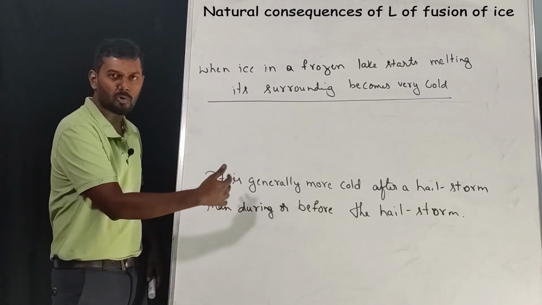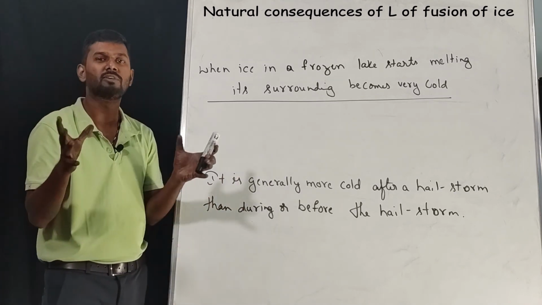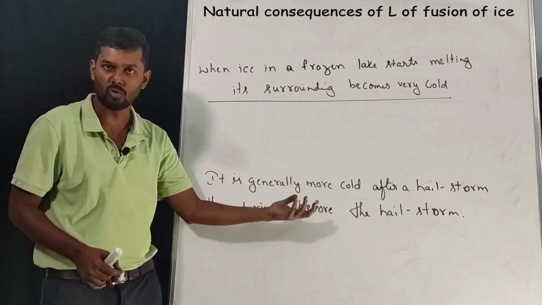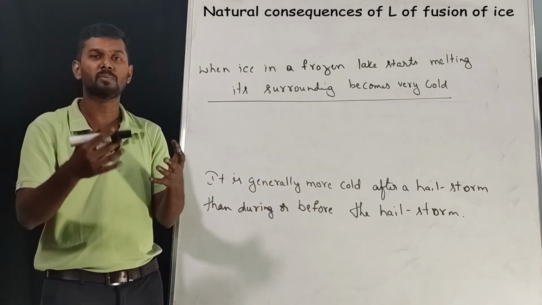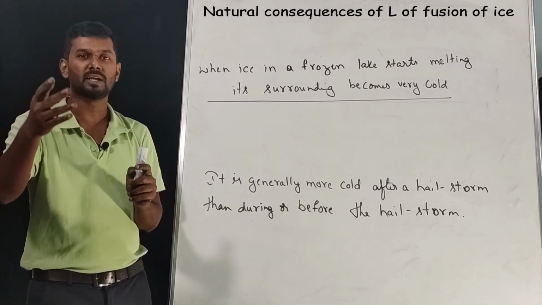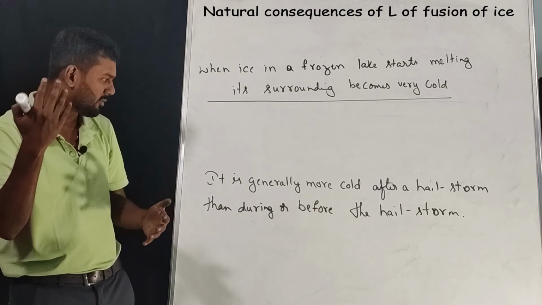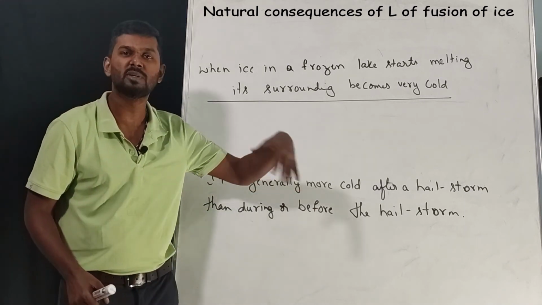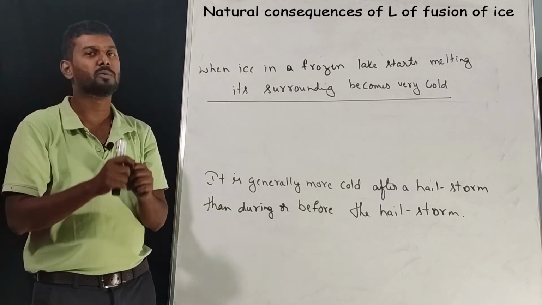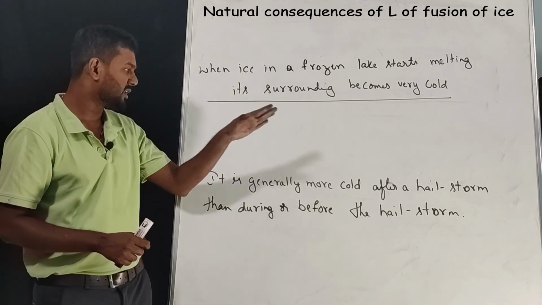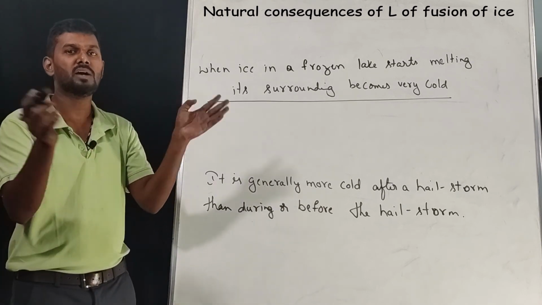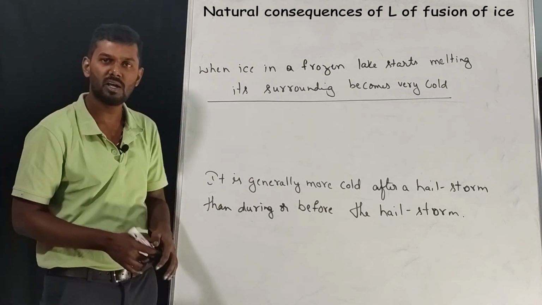Because during the process, it keeps on absorbing heat energy from the surrounding. But before the ice starts melting, the temperature of the surrounding will be greater, so it will be warm. Once the hailstorm is done, it absorbs heat from the surrounding. That's why after the hailstorm, the temperature will be very cold in the surrounding. These two are the reasons.